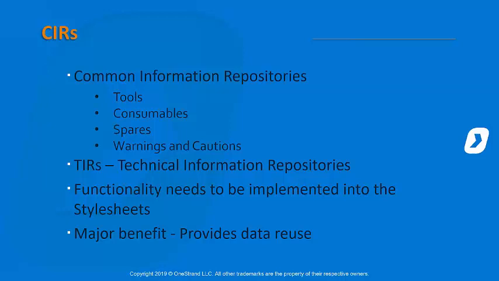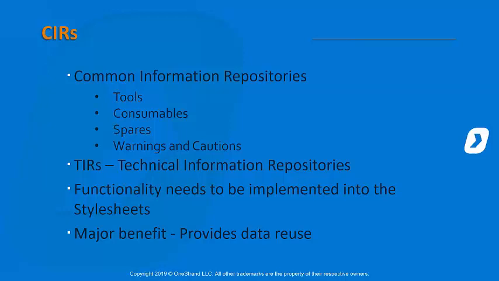The first time CIRs were introduced into the S1000D specification was in version 3, and at that point in time it was called a TIR, or a Technical Information Repository. So it was very much geared towards just that technical information, and then in version 4.1 they changed the name from a TIR to a CIR, and they've continued to expand on that functionality.